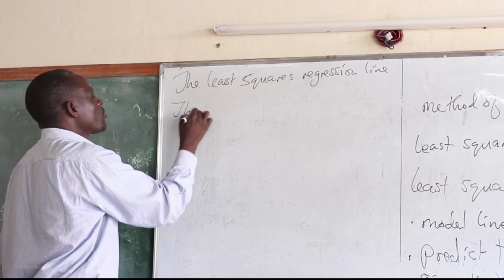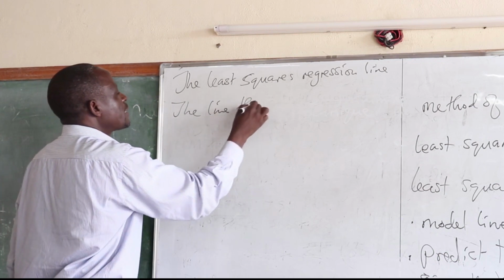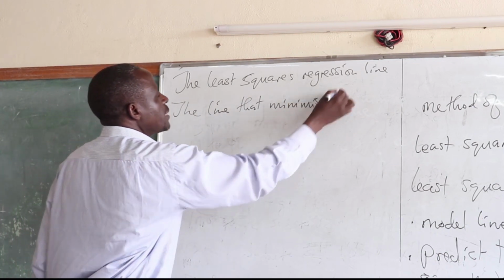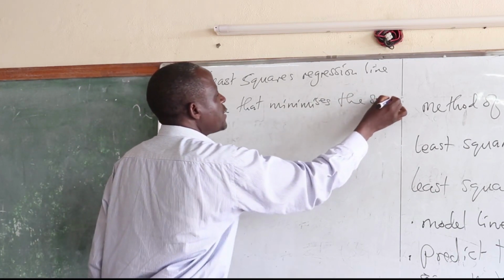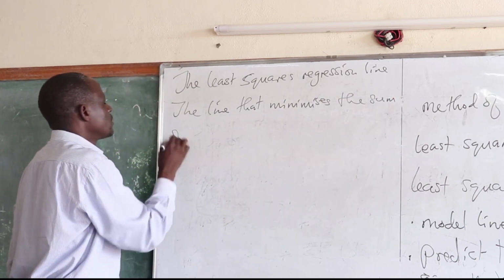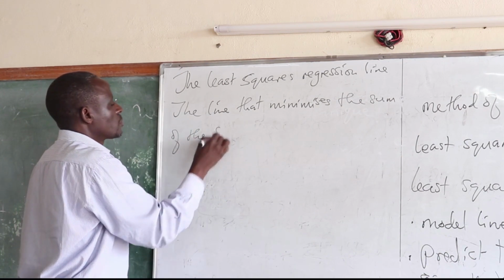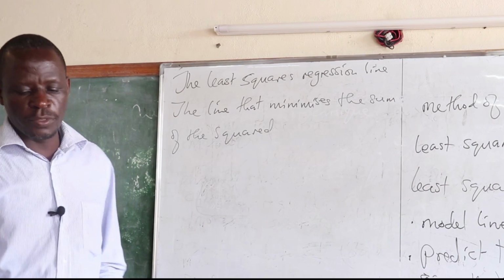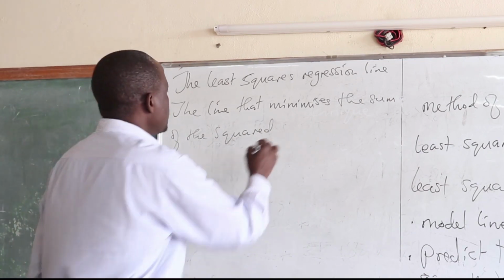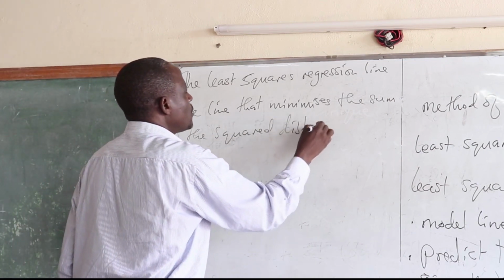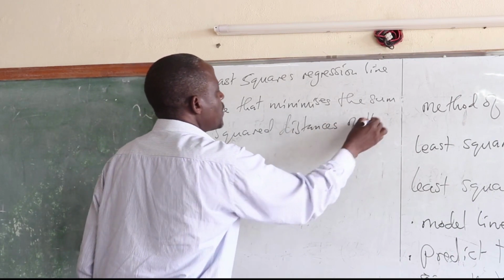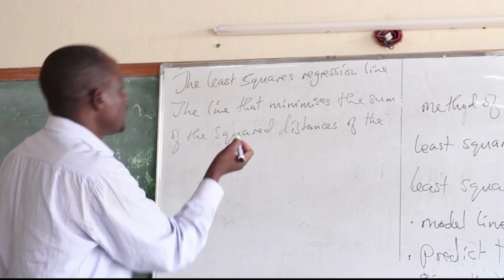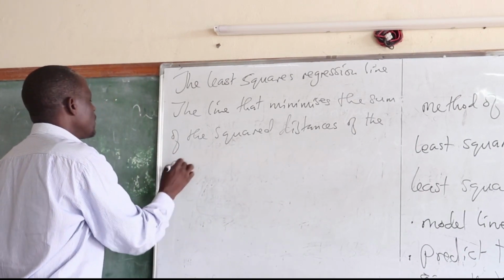So it is the line that minimizes the sum of the squared distances of the points from the regression line.